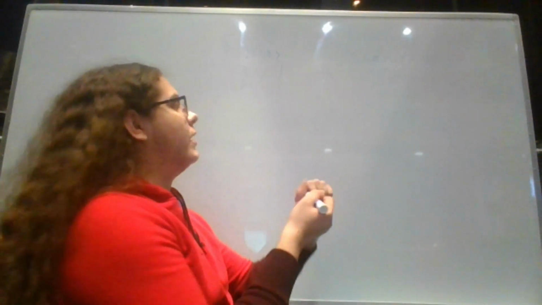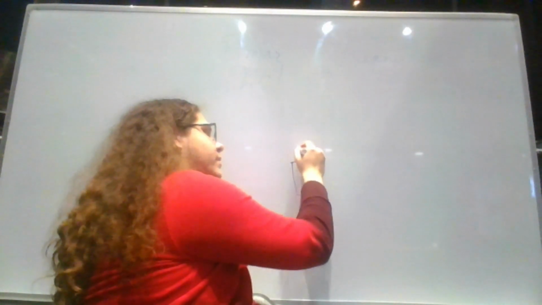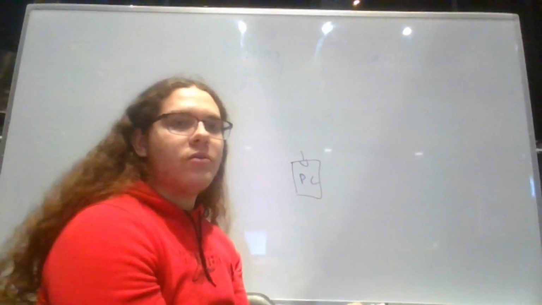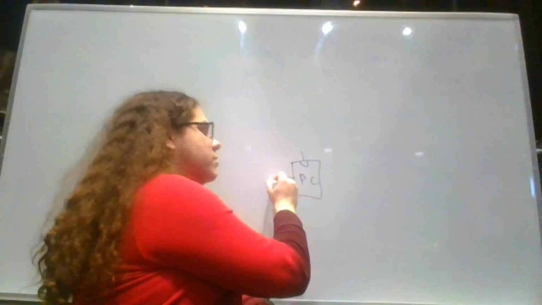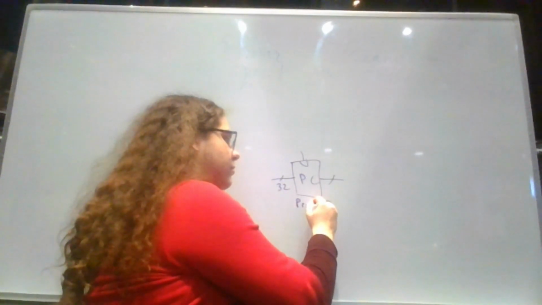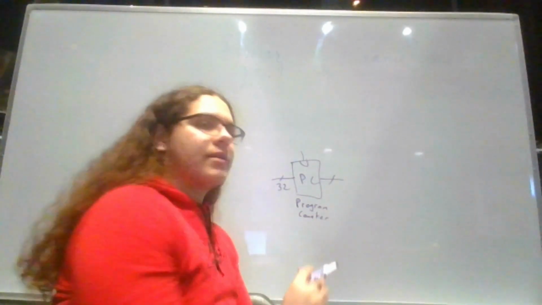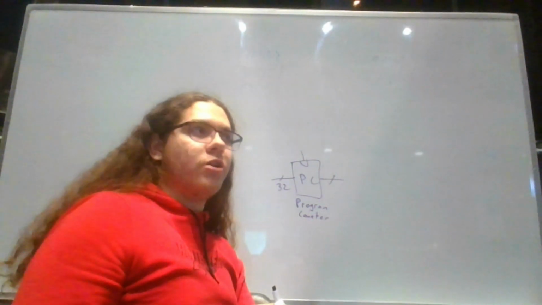So here's what it would look like in hardware, a little piece of it. This is your PC register. It's a 32-bit register, and PC stands for Program Counter, because it's a counter which corresponds to which instruction you're at in your program.